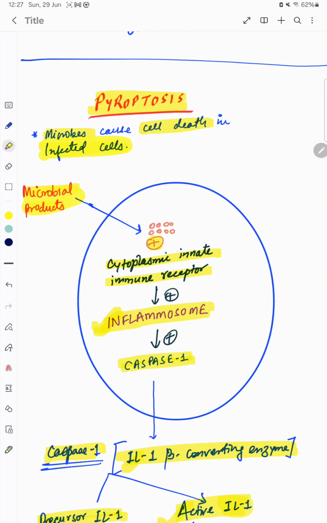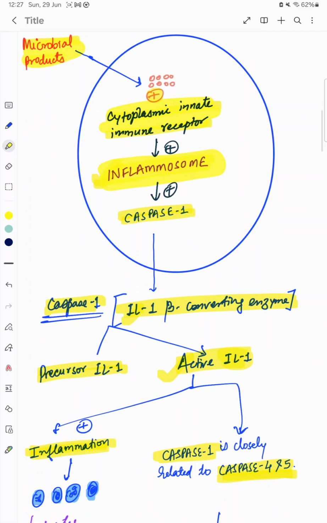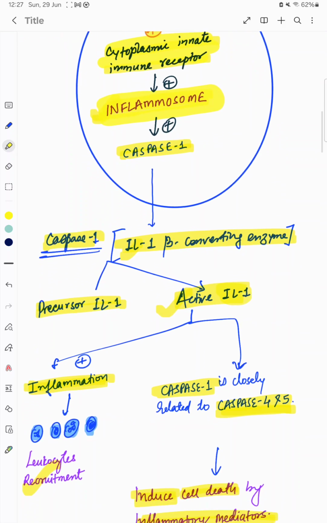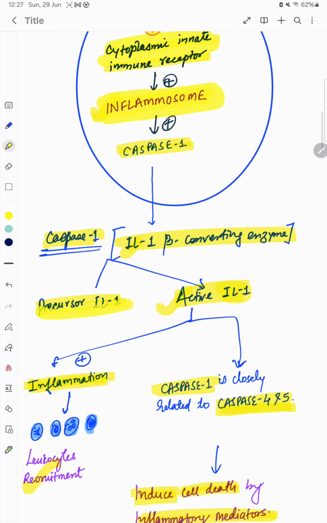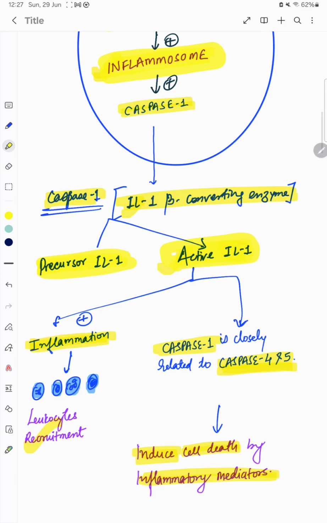A microbial product stimulates or reacts with the cytoplasmic innate immune receptor and ultimately results in the formation of the inflammasome, which stimulates caspase-1. Caspase-1 is an interleukin 1 beta converting enzyme which converts the precursor of interleukin 1 into the active form of interleukin 1. As we know, interleukin 1 has an important role in the development of inflammation.